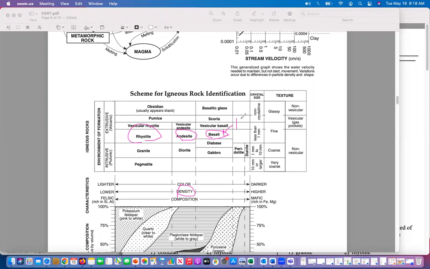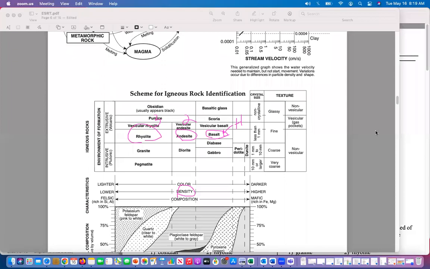I'll put H for highest. Then as I move to the left, my density gets lower. So the second one is andesite, and the one that has the least amount of density is rhyolite. So I need to pick where basalt is the highest, rhyolite is the lowest of densities.